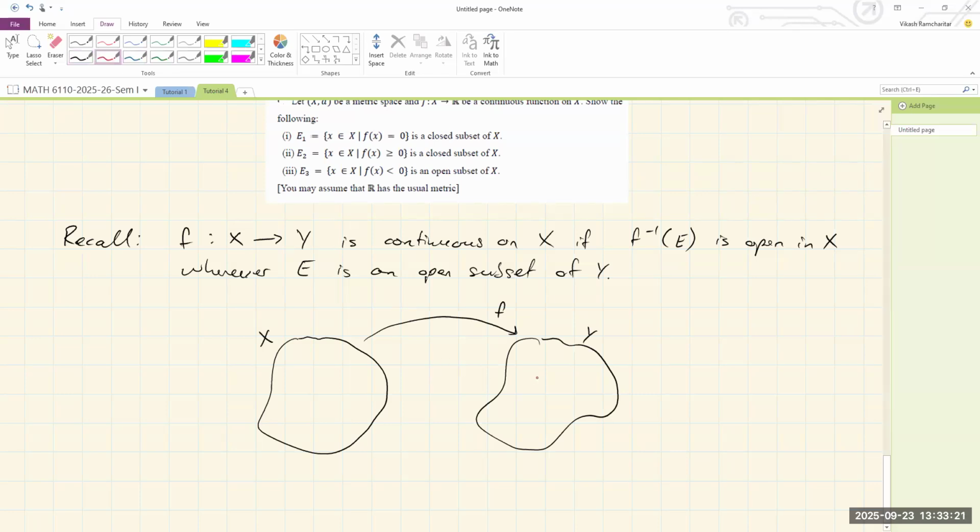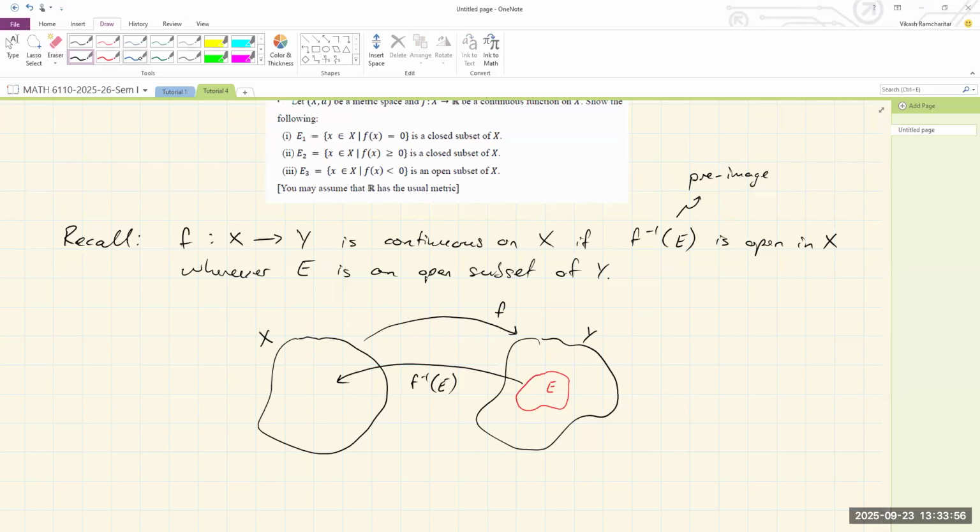So if we have an open subset E in Y, then the pre-image of this, or the pullback, so I shouldn't say f inverse, this is the pre-image, because this is not the inverse.